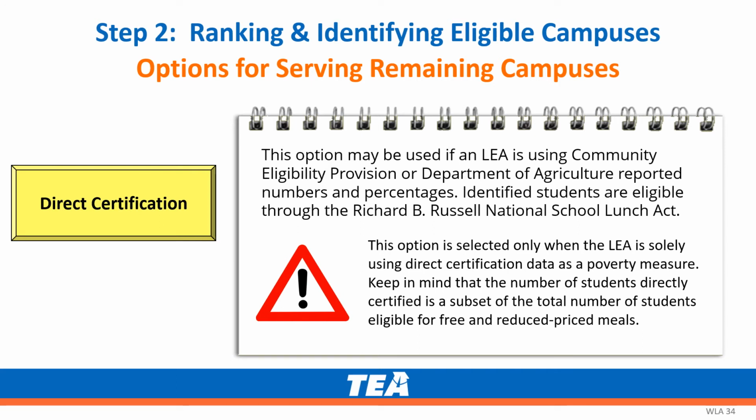Thus, if an LEA has non-CEP campuses with a poverty count based on the number of students approved for free and reduced price meals, and CEP campuses with a poverty count based on, for example, students directly certified using SNAP data, the LEA must use a common poverty metric to rank order its campuses and allocate Title I funds on an equitable basis. This would require the use of a direct certification multiplier.